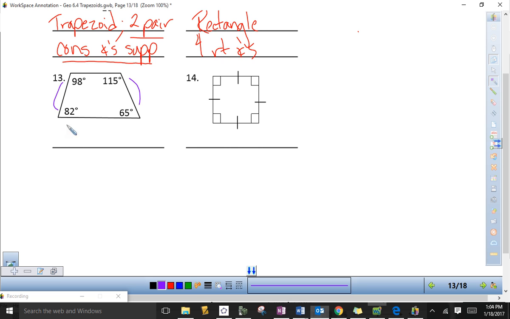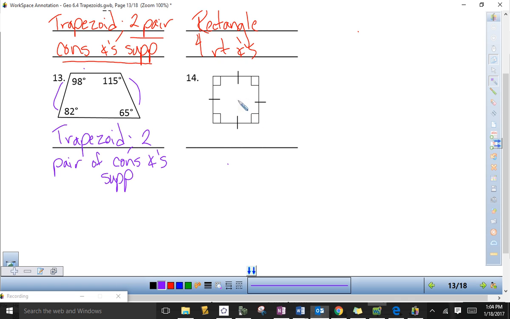Okay, so we're just a regular trapezoid because, again, that two pair of consecutive angles are supplementary. Okay, we couldn't have these be supplementary as well, so not a parallelogram. Opposite angles aren't congruent. Trapezoid's all it could be.